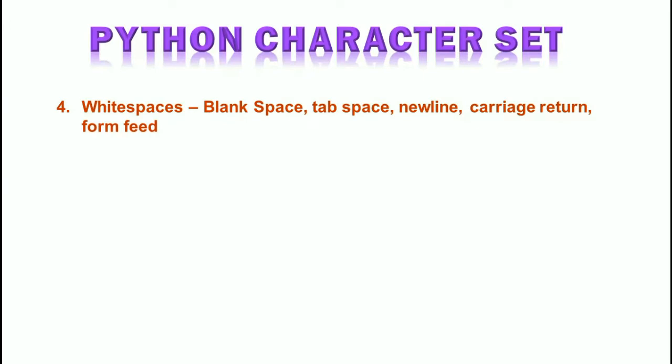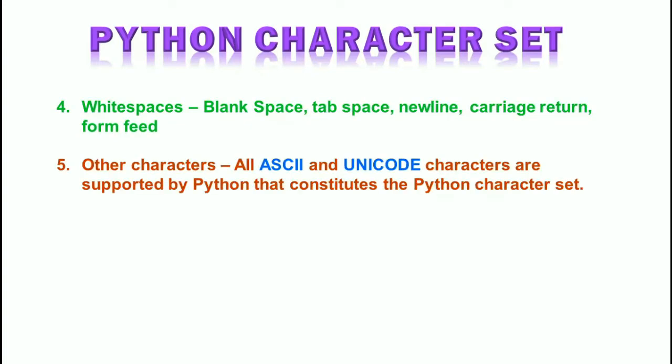Also we have white spaces like blank space, tab space, new line, carriage return, form feed. Then we have other characters also. All ASCII and Unicode characters are supported by Python that constitutes the Python character set.